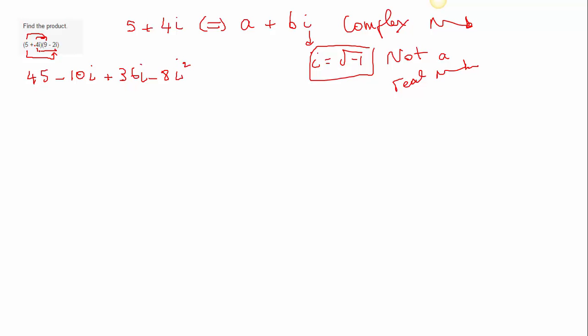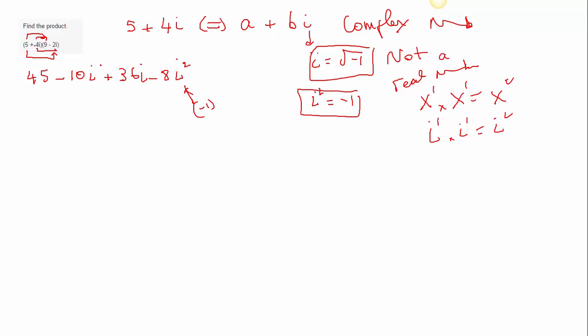Because we're multiplying i times i. Remember, if you multiply x times x, you add the exponents. I times i, you add the exponents. But if i equals the square root of negative 1, then i squared equals negative 1. So replace i squared by negative 1. Let's see what happens here.